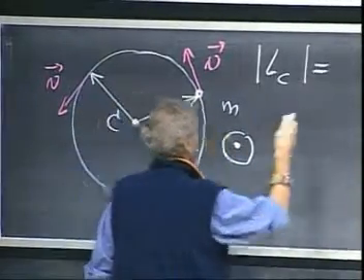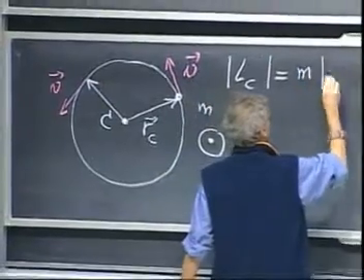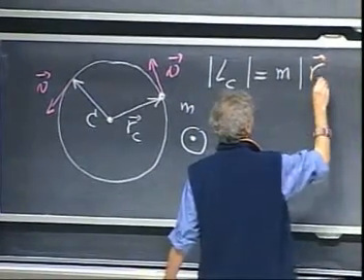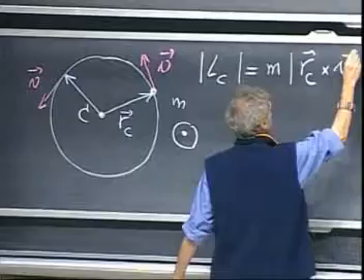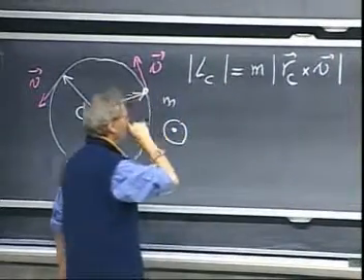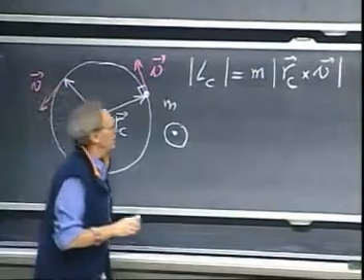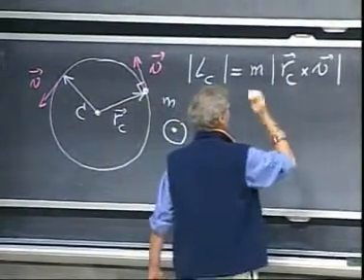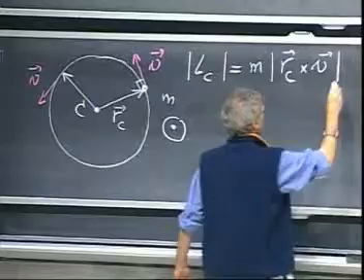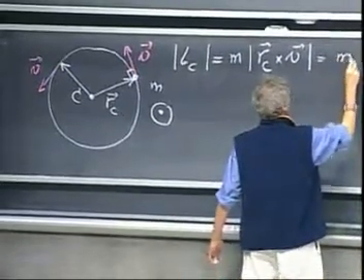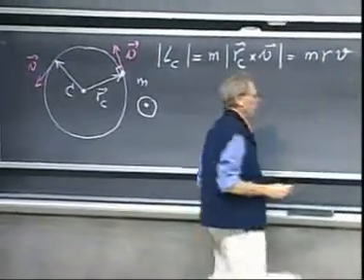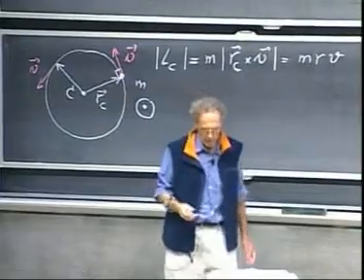So I'm only worried now about the magnitude. So the magnitude is the mass of the Earth times the magnitude of the cross product between these two vectors. And notice the angle is 90 degrees. So I can forget about the cross. The sine of theta is 1. And so I simply get mRv, v now being the speed.